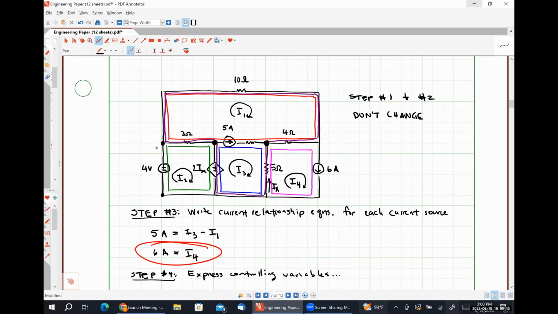So those are the criteria that I use to choose what type of analysis I'm going to apply. Which one is going to be more simple? And if they're both of the same complexity, if I'm solving for a voltage, I use nodal analysis. If I'm solving for a current, I use mesh analysis. Did that answer your question? It does. Yes, that was perfect.